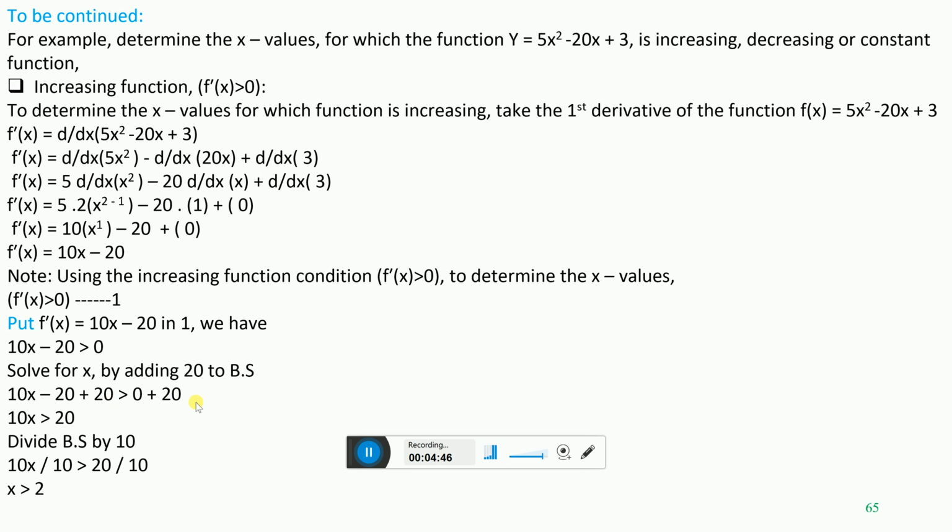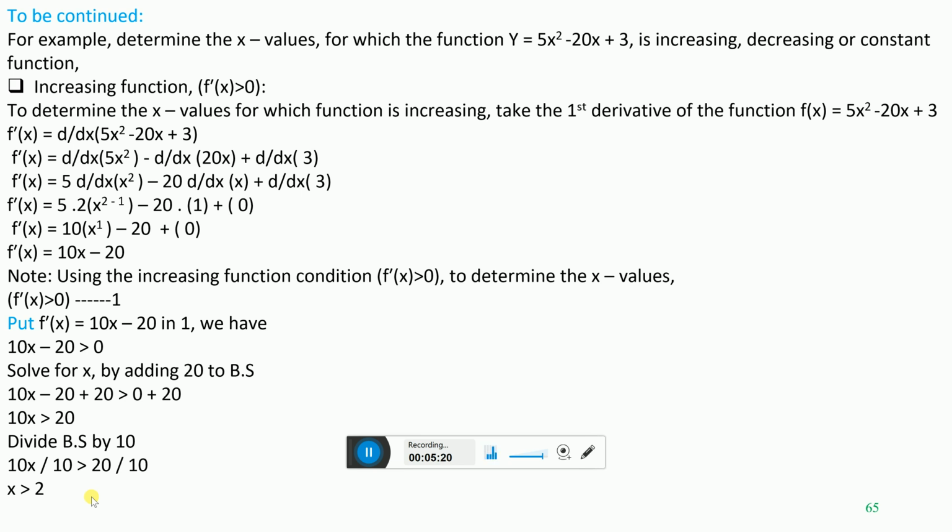Here minus 20 cancels out plus 20, remaining 10x, and on the right 0 plus 20 is 20, so 10x greater than 20. Now to find x, divide both sides by 10. 10x divided by 10, inequality sign greater than, 20 divided by 10. So 10 cancels with 10, remaining x, and 20 divided by 10 is 2. So x greater than 2.